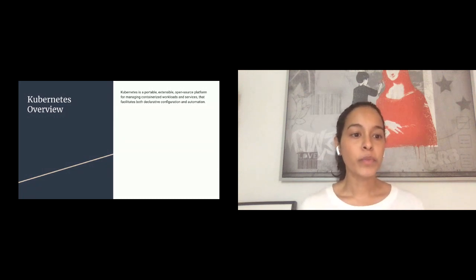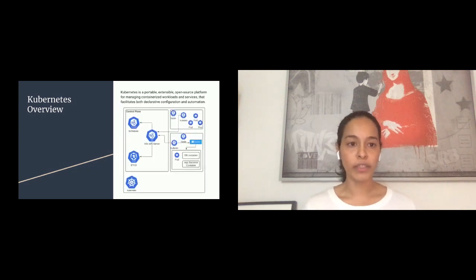Looking at, again, a simplified view of Kubernetes, on the left-hand side, you have a control plane. You can think of the control plane as all the components that manage your cluster. It governs the cluster, so to speak. I have highlighted only a few important ones, relevant to this talk.